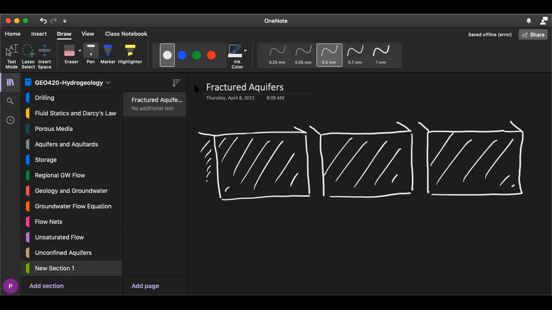So in the fracture world, these blocks of intact rock get called matrix. And this is intact rock. All right, and the matrix is whatever kind of rock you're in.